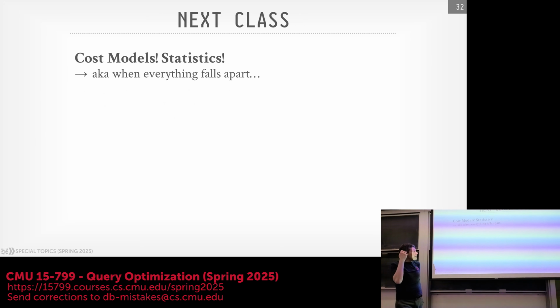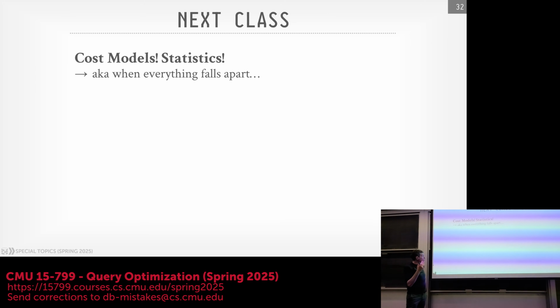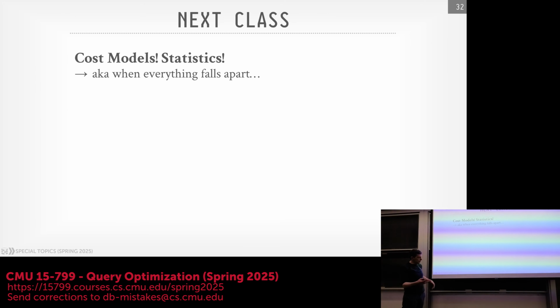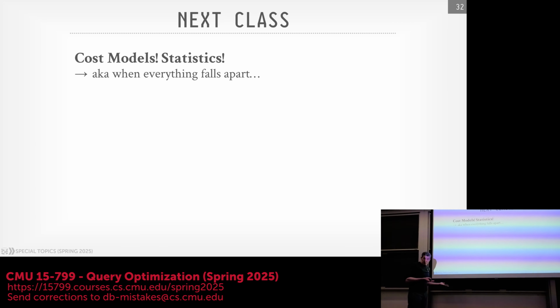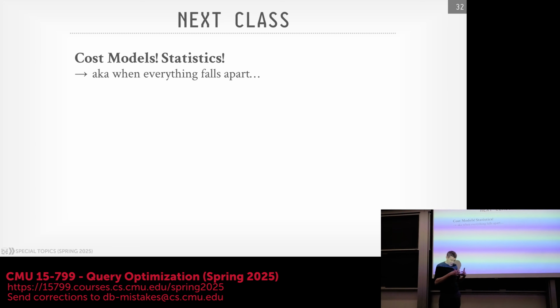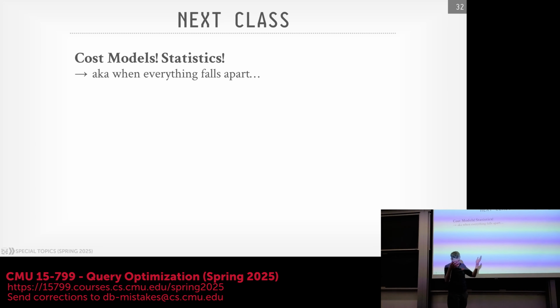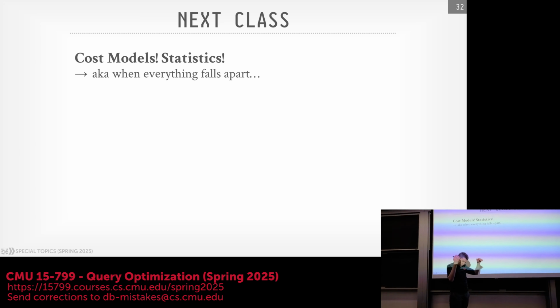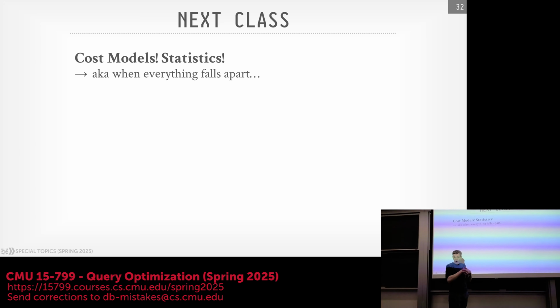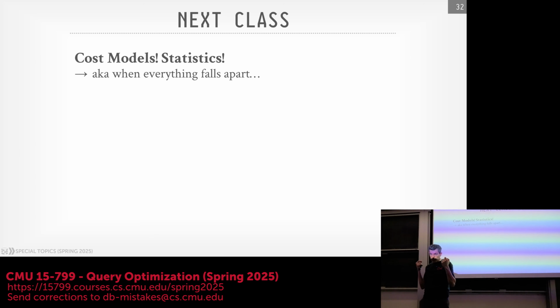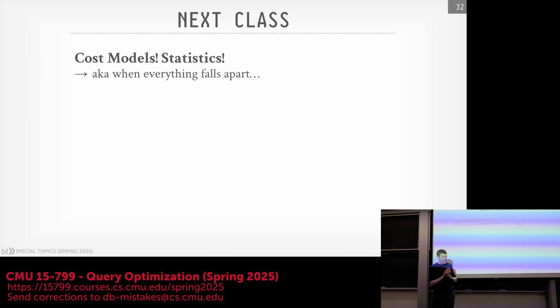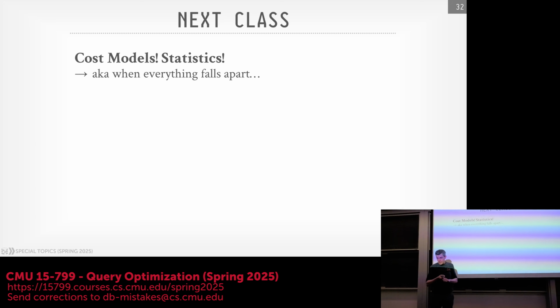All right, so next class, we're going to start talking about the next section of the semester. We're talking about cost models, and the dirty secret is that all the things we talked about so far, like, oh great, we do parallel searches, we can do efficient join enumeration, all of this is going to fall apart and come crashing down because our cost models are going to be terrible. And this is not just me; everyone is terrible at this.